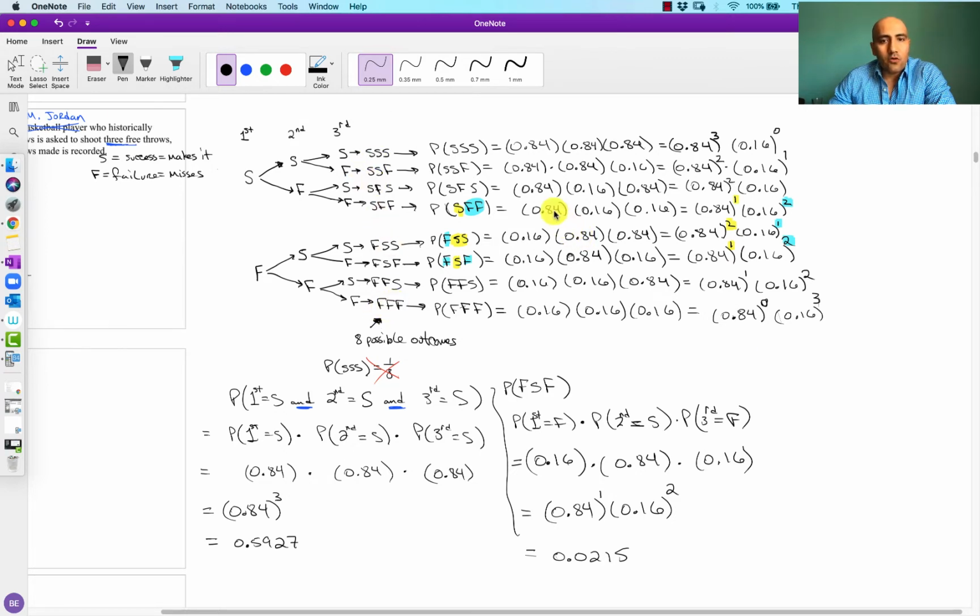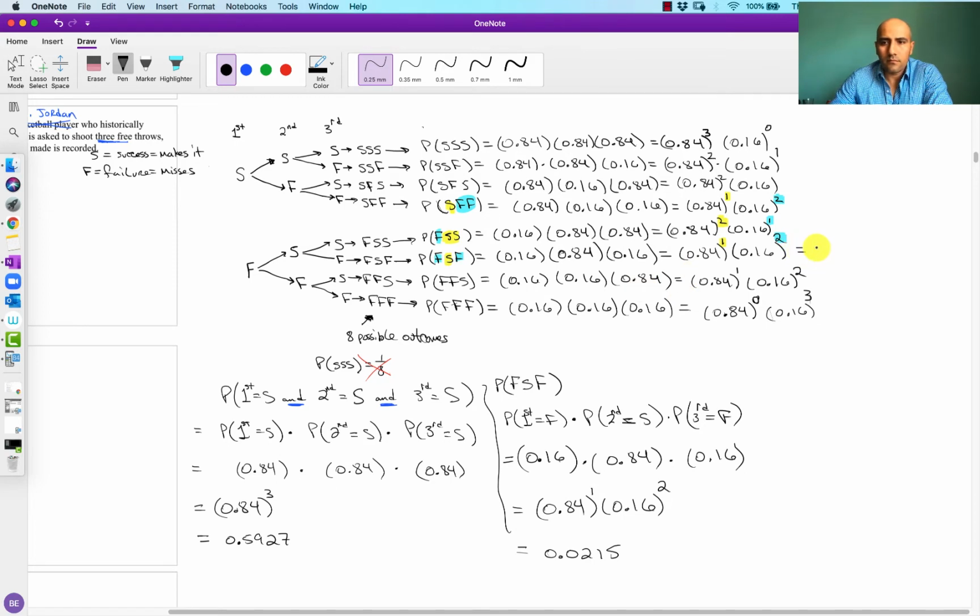Good. Okay, so we have the probability of each one of these possible outcomes. And these probabilities, we can convert them into decimals and get the decimal approximation, as we did over here, for example. So let's focus on this one for a second. This one was FSF. It equals this, and when we multiply it all out using our calculator, it translates to 0.0215, or about a 2.1% chance.